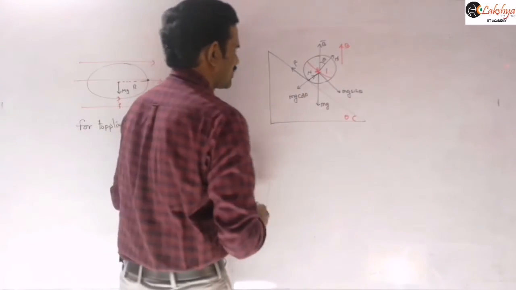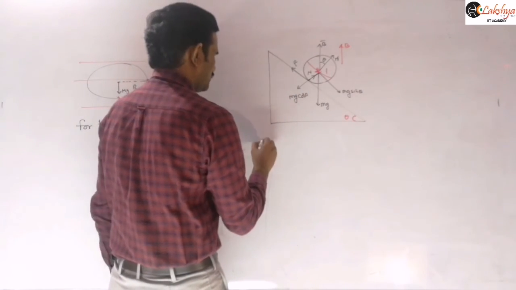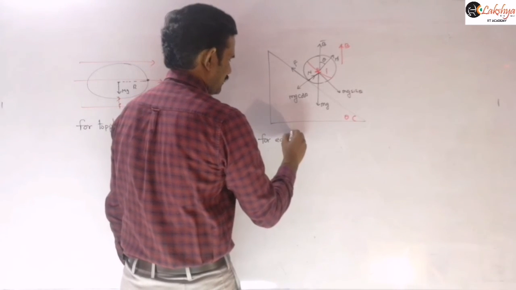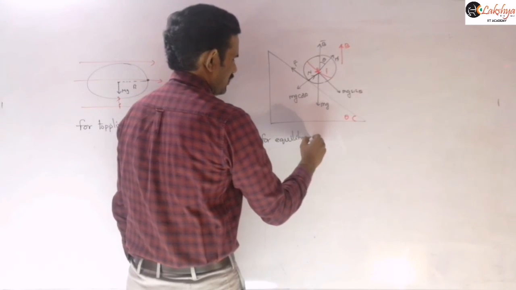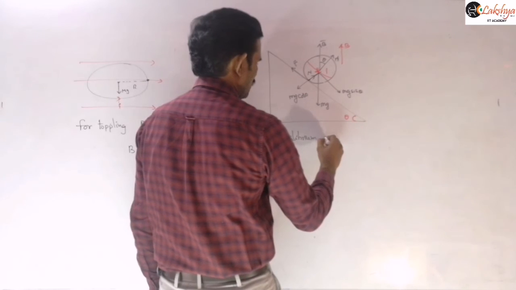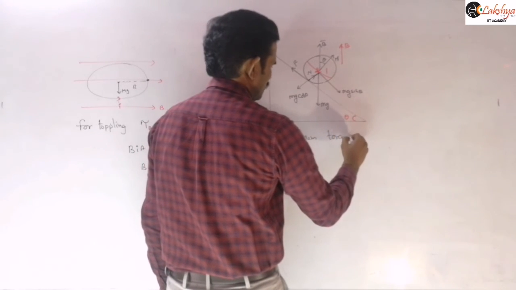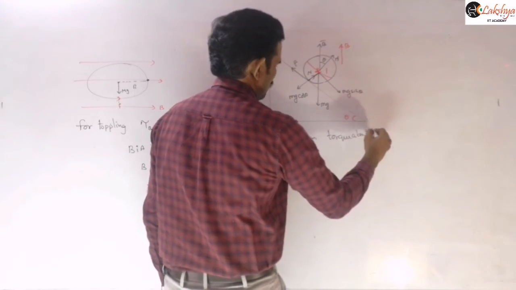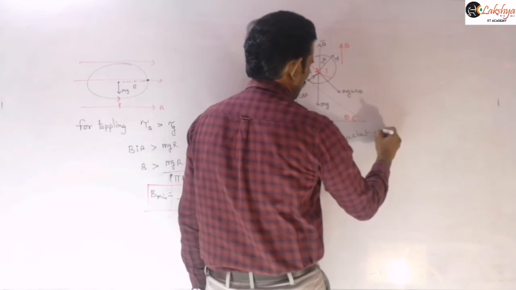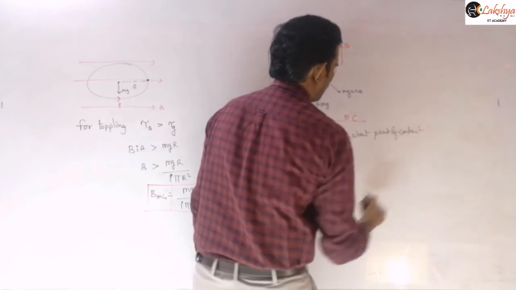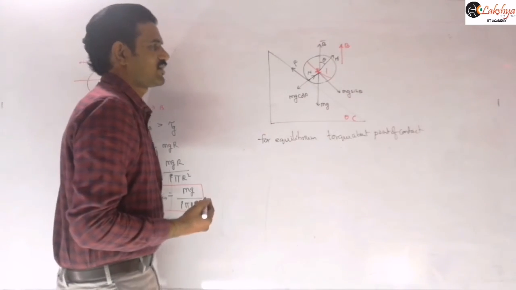To balance the torque about this point of contact for equilibrium, I am writing the torque about this point of contact.